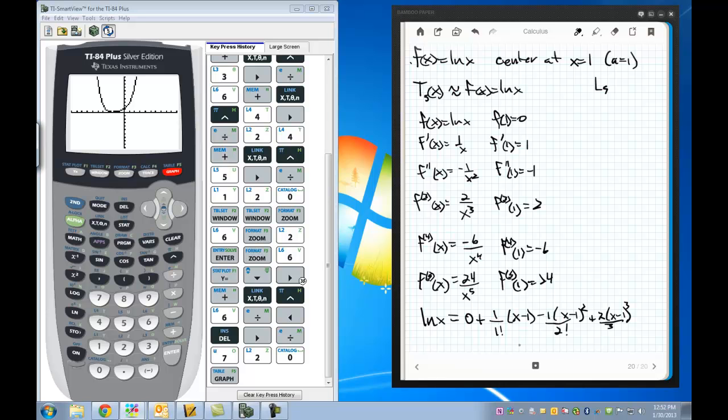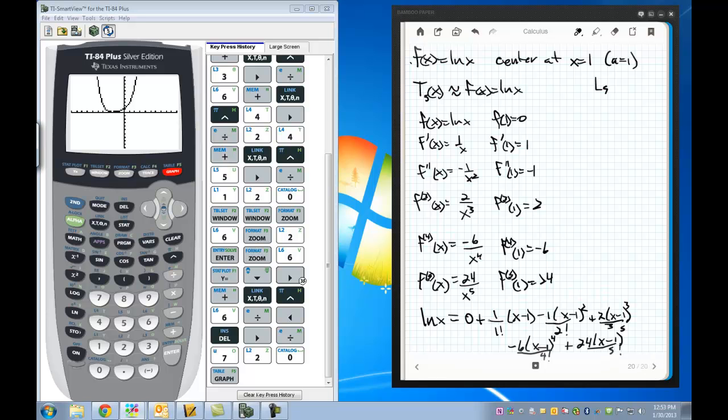See what I'm doing here? Minus 6 times x minus 1 to the 4th over 4 factorial. Ooh, I'm starting to see an interesting pattern here. Plus 24 times x minus 1 to the 5th over 5 factorial. Now, I could pretty these up if I wanted to, right?